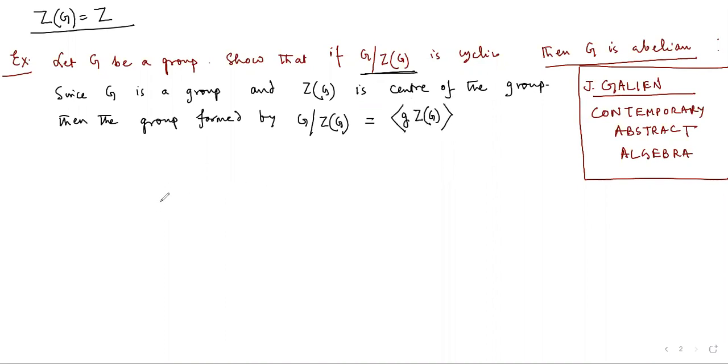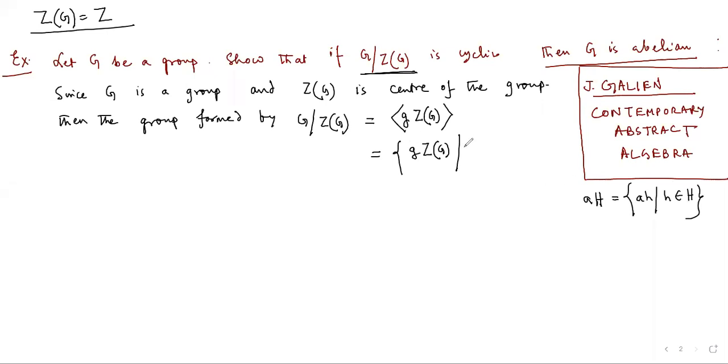this, isn't it? Because all the members of ZG form the left coset. What was the definition of left coset? Let me write. It is this one. This is the definition of left coset.